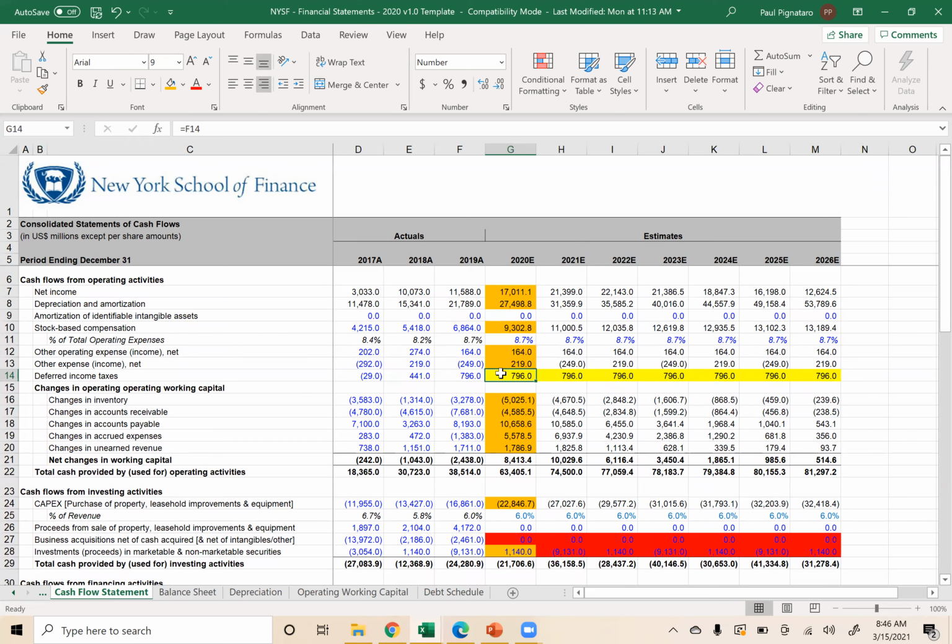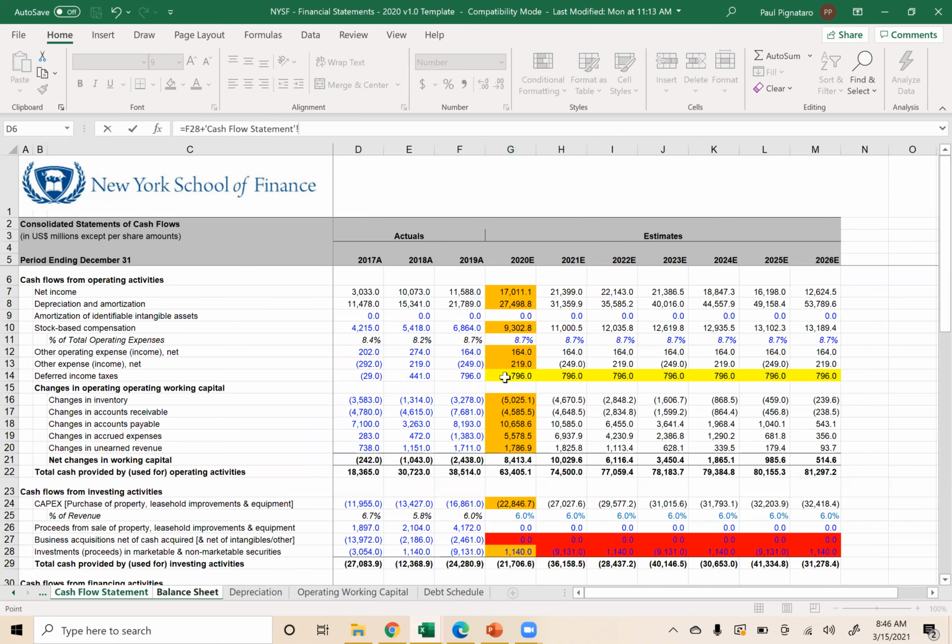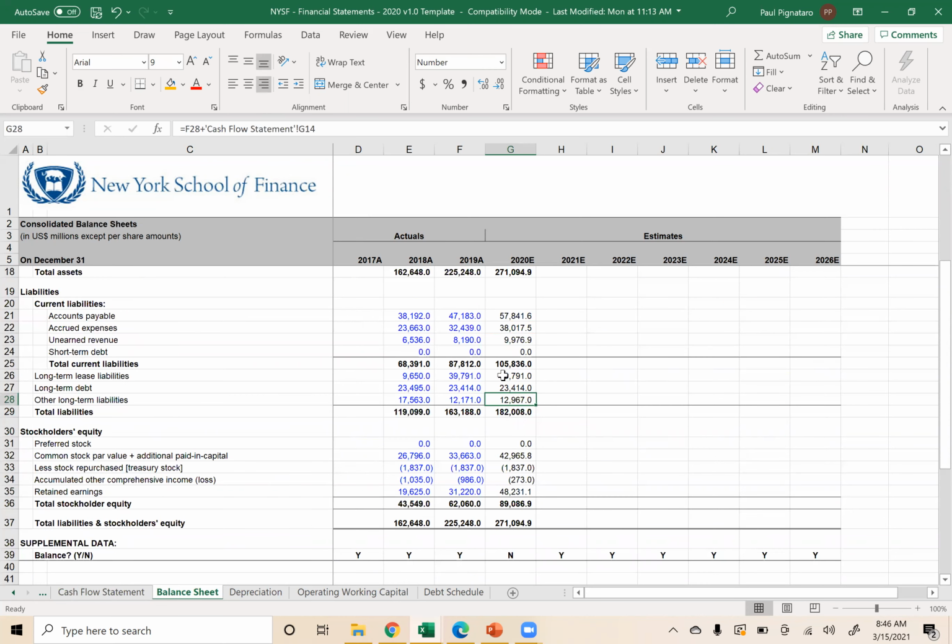Often here you're building up a liability. Usually a company will have a deferred tax line item. They don't, so I assume that their deferred taxes is building other long-term liabilities. So equals long-term liabilities from the year before plus deferred income taxes.